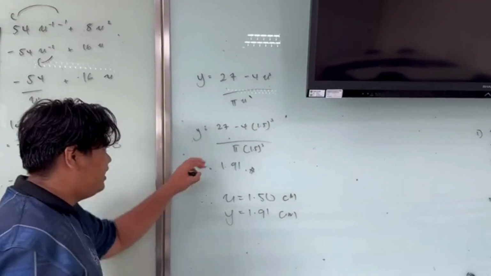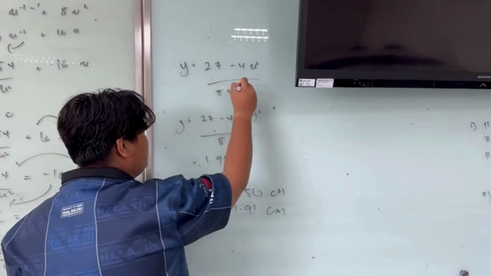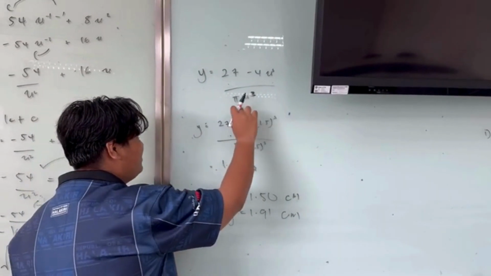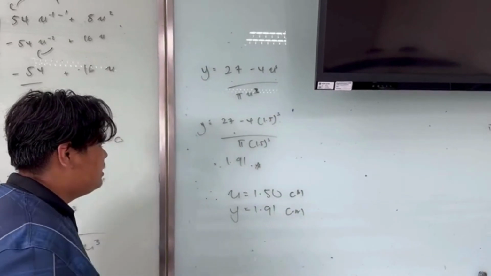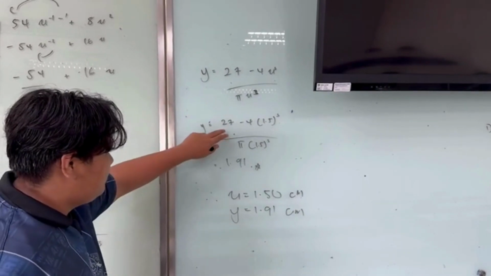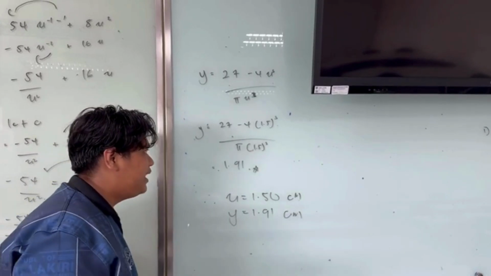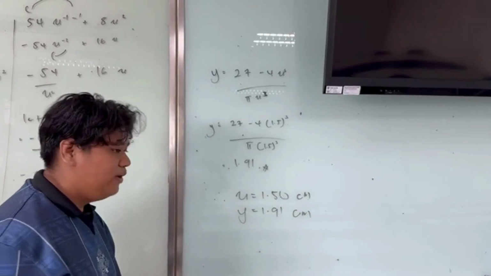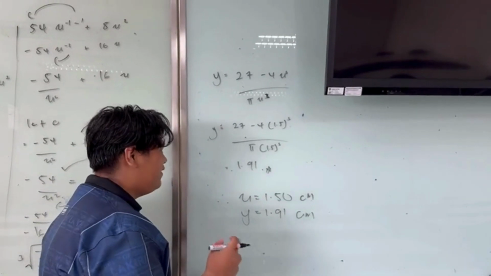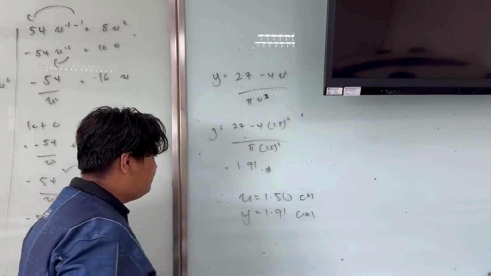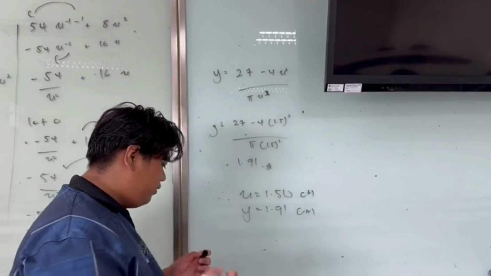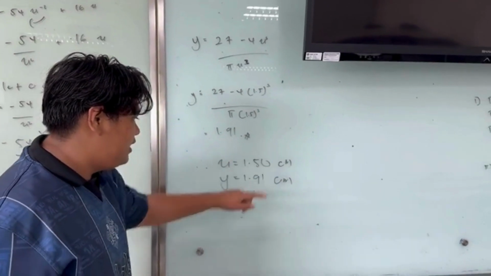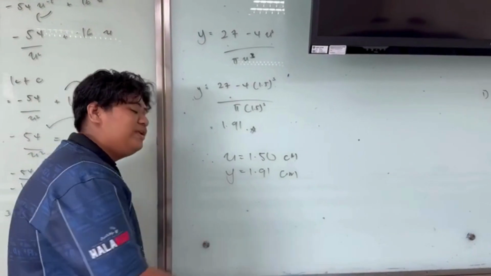We insert the values: y equals 27 minus 4 in bracket 1.5 cubed over pi in bracket 1.5 squared. So now we get the y value. After that we can conclude that the x value equals 1.50 cm and y equals 1.91 cm.